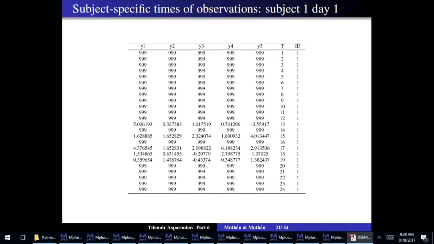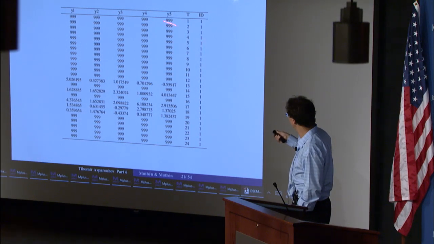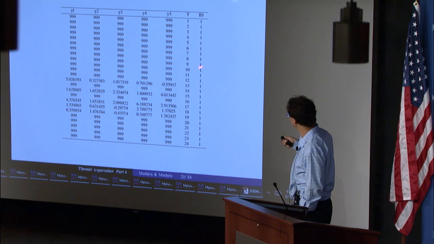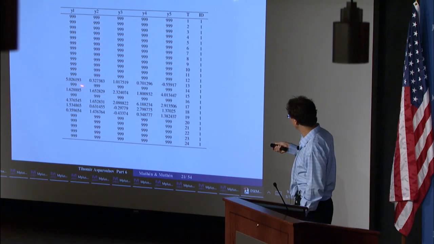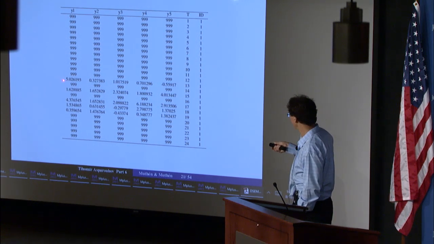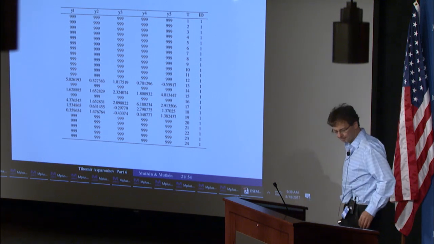We have a 24-hour period. We slice the grid into 24 hours, and this subject had 5 observations in that day, and 5 different variables are measured. For those hours where an observation was taken, we have the row with the observation, and everywhere else we have missing data.